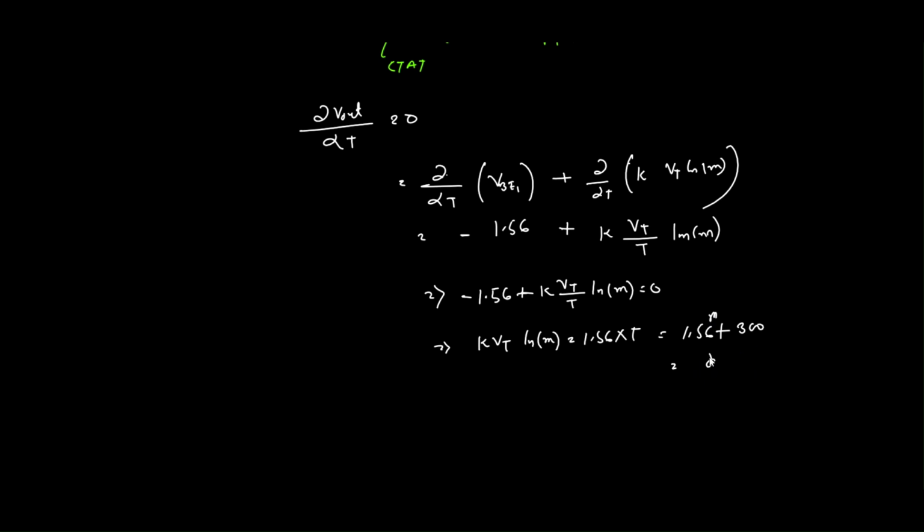So finally this one is 0 point, and finally this one is 0.468 volt. And this term value, right?